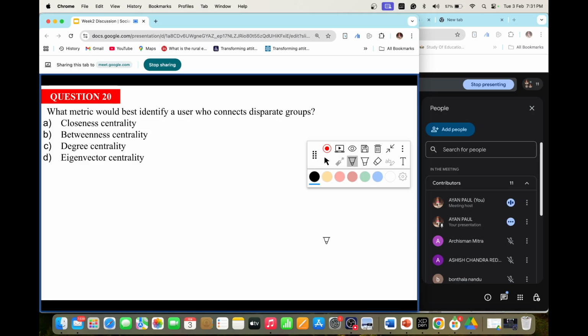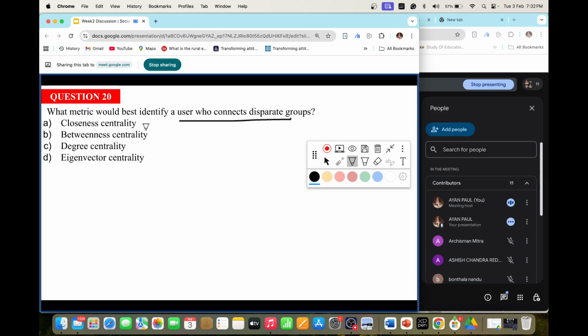What metric would best identify a user who connects disparate groups? Closeness centrality, betweenness centrality, degree centrality, or eigenvector centrality. Any guesses? A user who connects disparate groups means very separated kinds of groups.